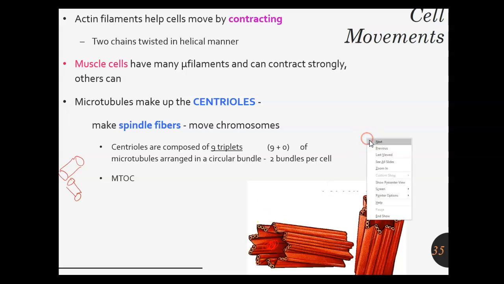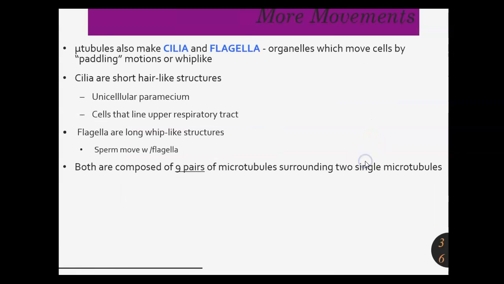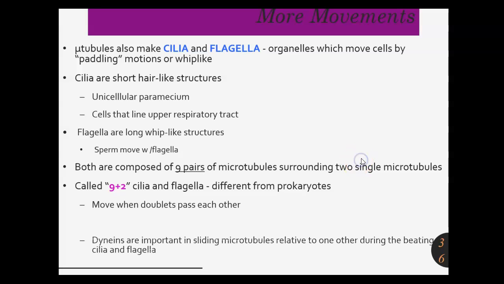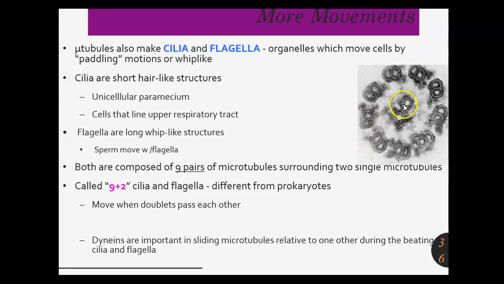Okay, so let's go back to this slide where we've got this 9+2 arrangement of microtubules. It's when the doublets pass each other that you have the whip-like motion. Let me get that picture up here. So here's the 2 in the center, and then you have a doublet here, a doublet there, a doublet there.